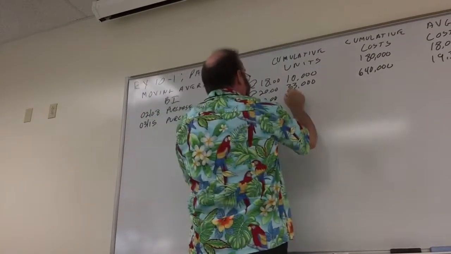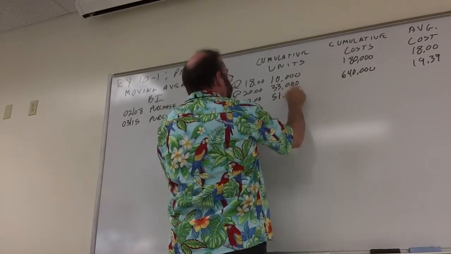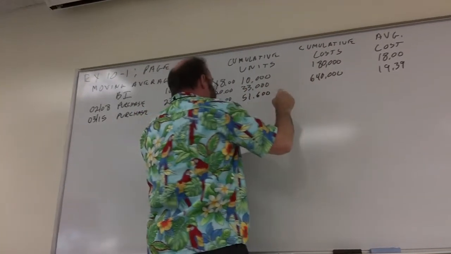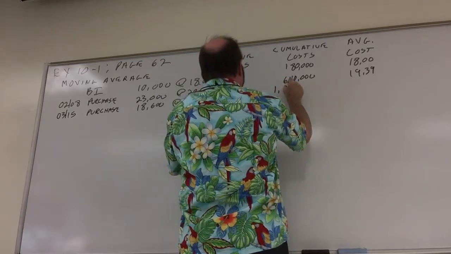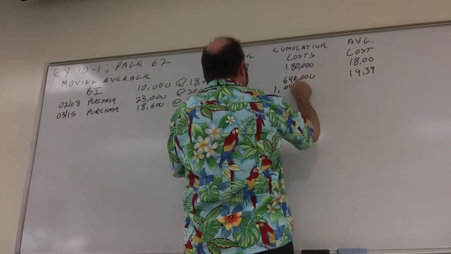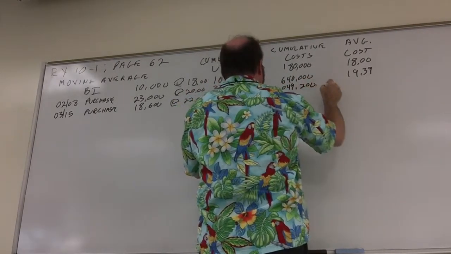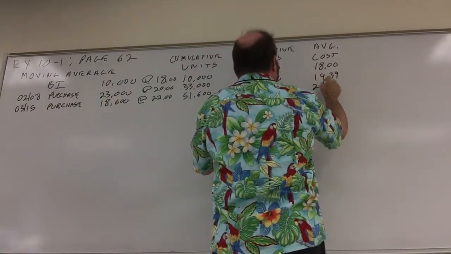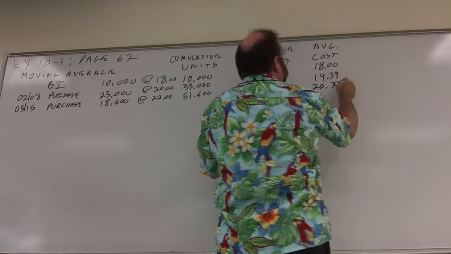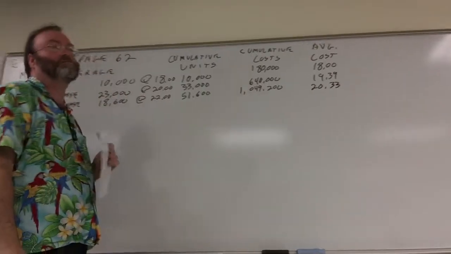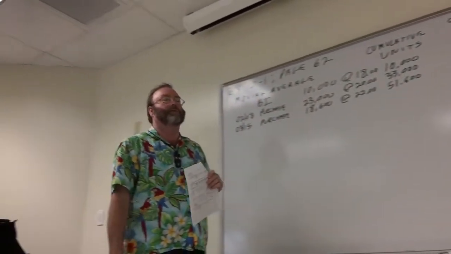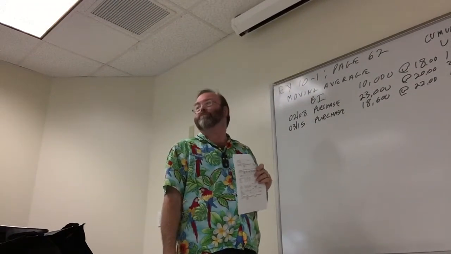So that brings us to a total of 51,600 units that have a total cost of $1,049,200. So now we have a $20.33 average cost per unit. Okay?